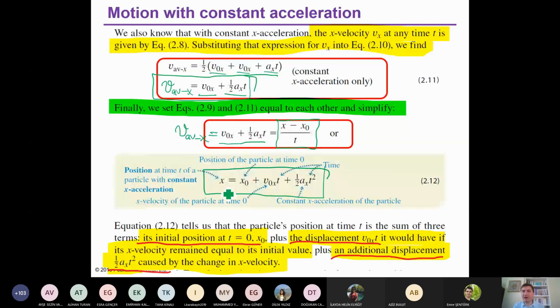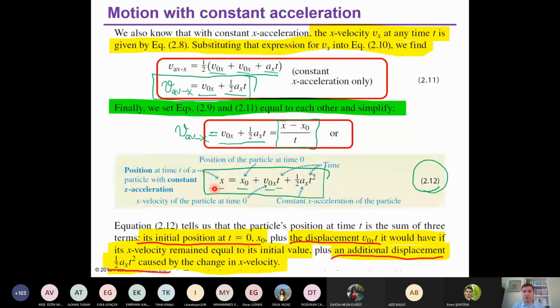So now we have another equation. The final position of the particle is equal to initial position plus this term plus this term. So what are the units? This is the meter. This is also meter. What is velocity? Meter per second. Here we have second.